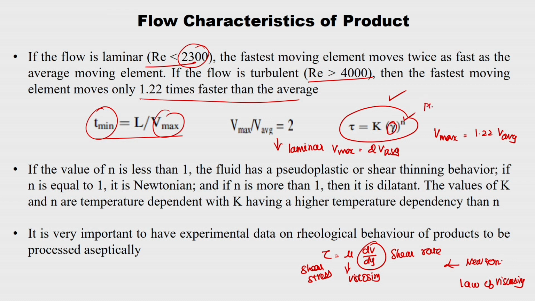This power n comes from the power law model, otherwise called the flow behavior index, and k is the flow consistency index. If the value of n is less than 1, then the fluid has pseudoplastic or shear rate thinning behavior. If n is equal to 1, it is Newtonian. And if n is more than 1, then it is dilatant.